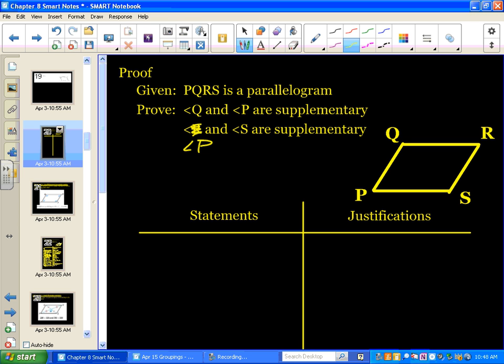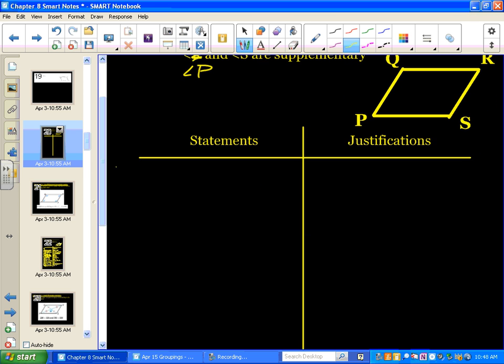So we're not going to prove they equal 180, we're going to prove they're supplementary. So we'll start off with PQRS as a parallelogram. That's my symbol for parallelogram.